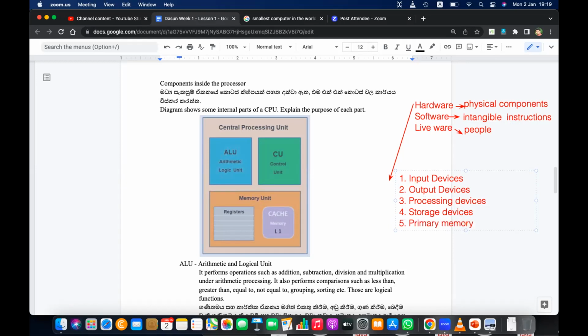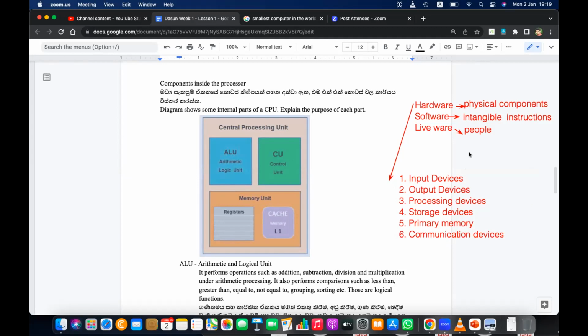It is temporary, but storage is permanent. The last one is communication devices. So those are the devices that we can see in the hardware subsystem.